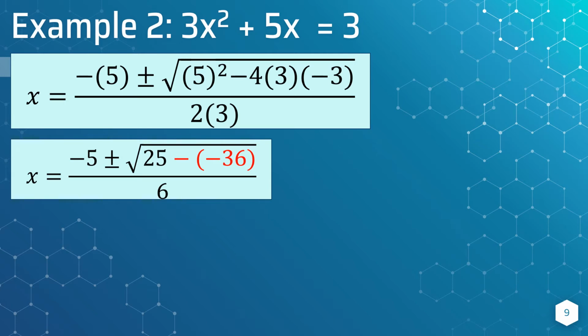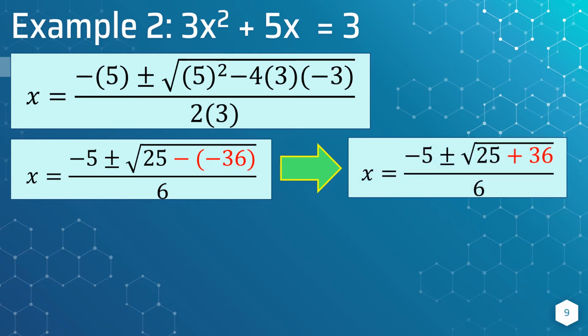times 3. I am emphasizing here that we have a negative sign for our 4ac, and please take note that it is minus 4ac. So, anong mangyayari? So, dahil nagdalawa ang negative doon, it means negative times negative. Negative times negative is positive.